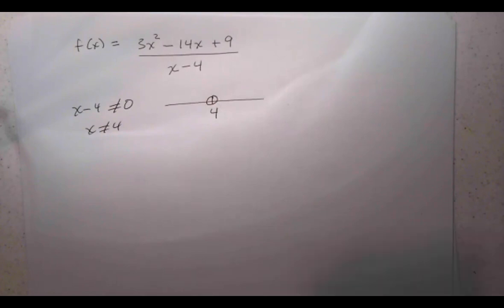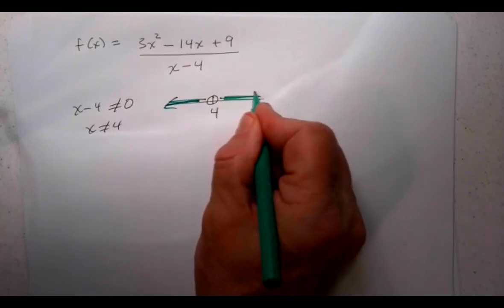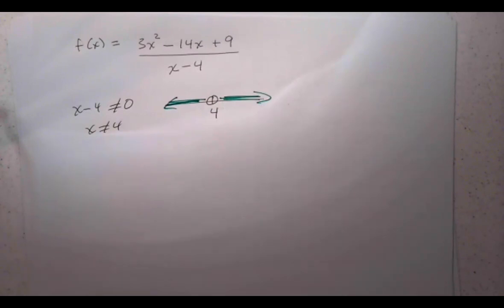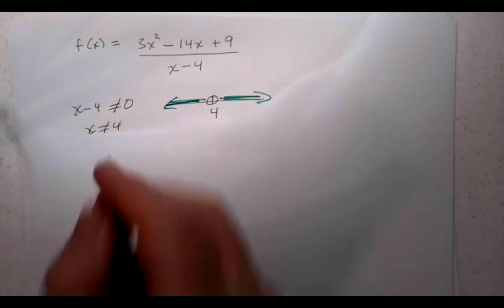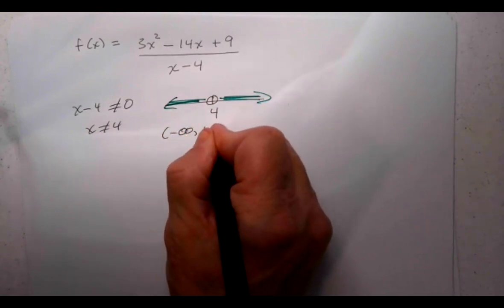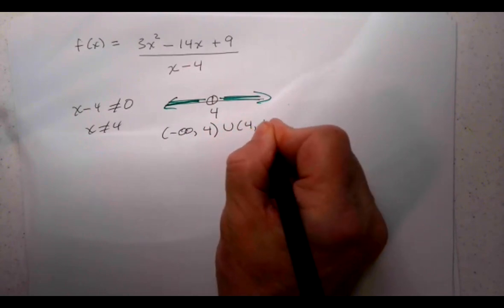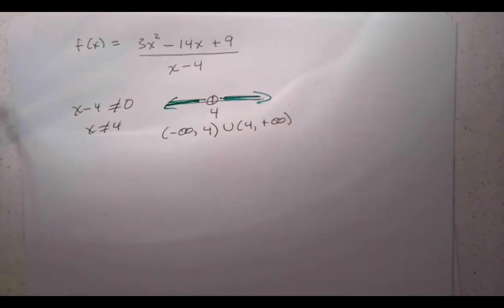Everything to the left and everything to the right is included. So in interval notation, my set is minus infinity to 4 union 4 to plus infinity. That's the domain.